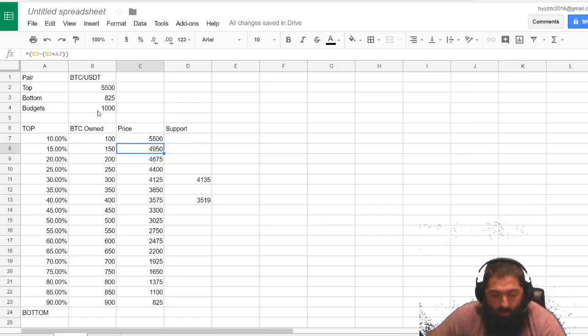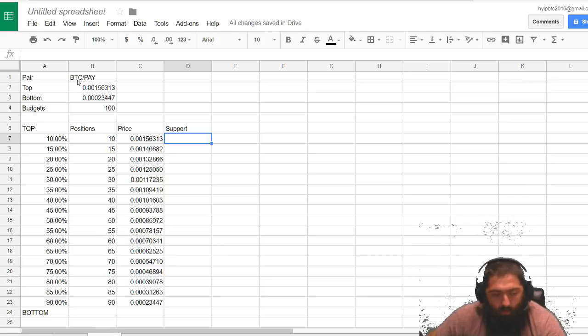Yeah, so on the Bitcoin market, it's based in USDT. The Bitcoin USDT. If you're going to do Bitcoin to pay, it needs to be based on the positions like 0.001 Bitcoin.